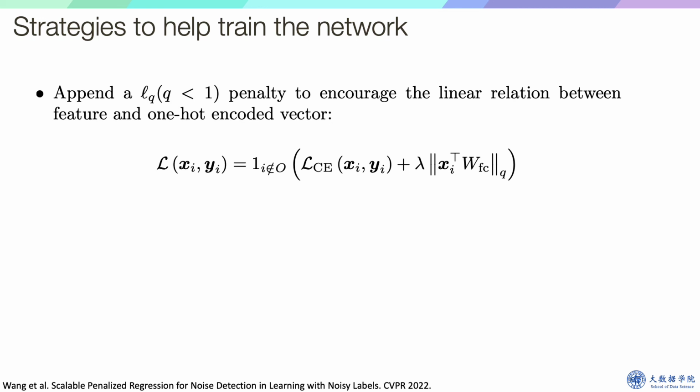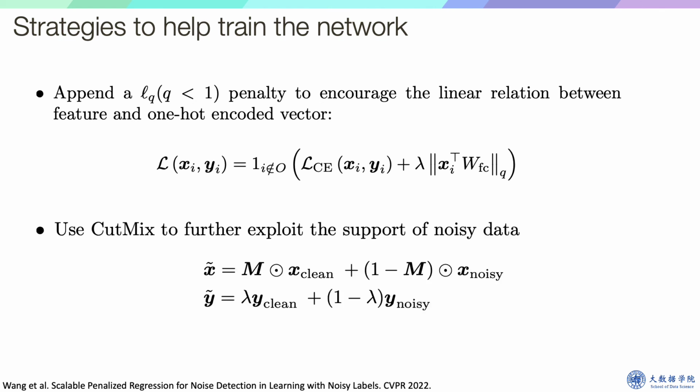To encourage the linear relation, we can append the sparse penalty on the output of the FC layer to get a sparse output. To further exploit the support of noisy data, we combine our algorithm with Kinetics and regard those data as unlabeled data to generate new training data.